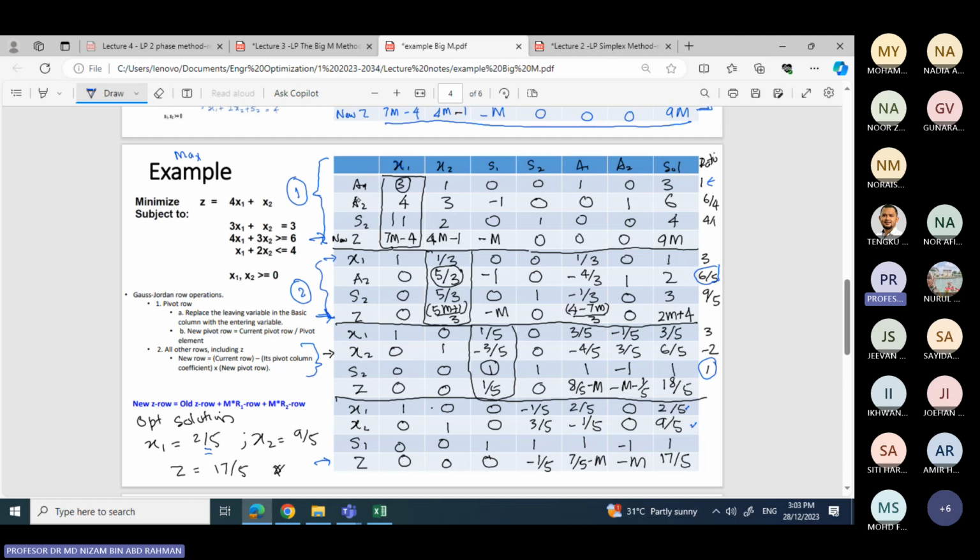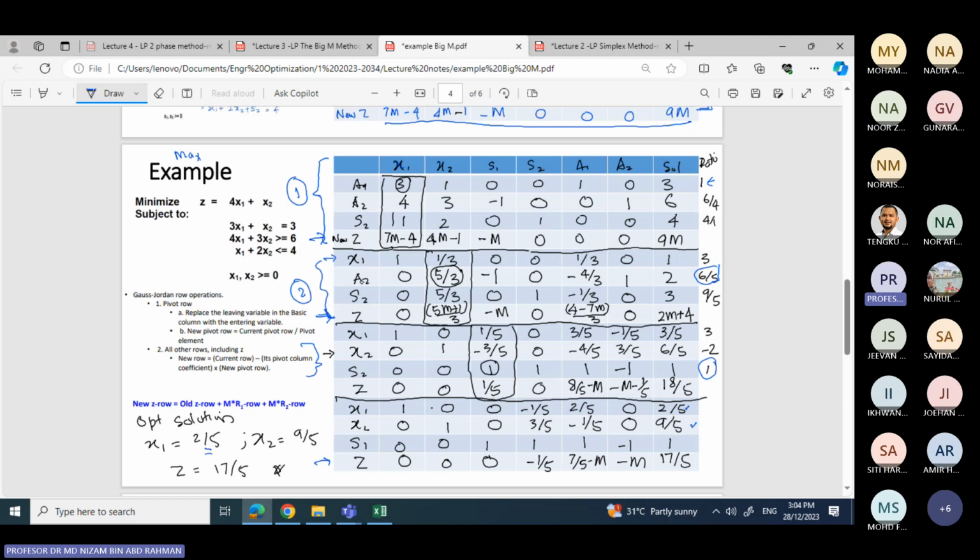Make sure if you have basic variables like this, A1, A2, and S2, if you look at the multipliers for those, you have only one row with a value of 1 and the rest are 0. 0, 0, 1, 0, 1, 0, 0, 0, 0, 1, 0, 0. Right? If it's not, let's say, for example, you have 1, 1, 1, or 1, 0, 1, something is wrong with your calculation.